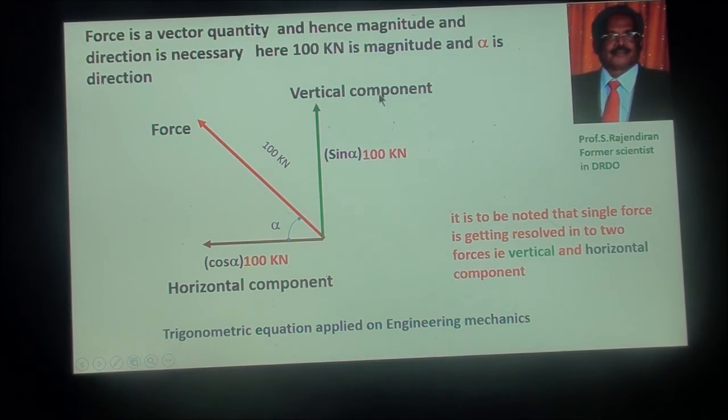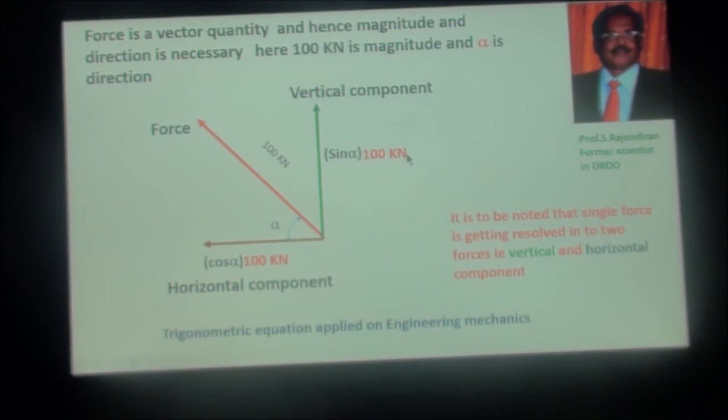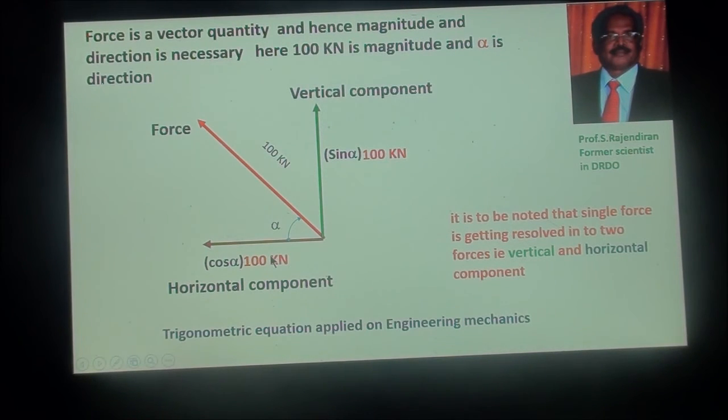The vertical component of this force, when it makes an angle alpha, is sin alpha into 100 kilonewton, and the horizontal is cos alpha into 100 kilonewton. Force is a vector quantity and hence magnitude and direction are necessary. Here 100 kilonewton is the magnitude of the force and alpha is the direction.